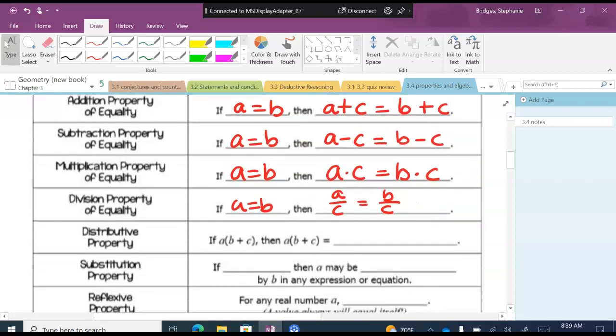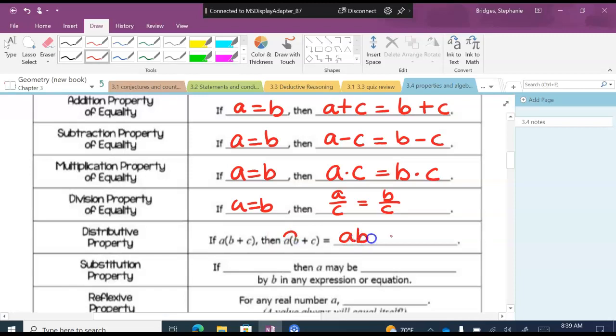Then we have the distributive property. You've heard of this before. When you have a number on the outside of a parenthesis, and you multiply it by both terms in the parenthesis, it's going to look like this. If you have A times (B plus C), then you distribute.